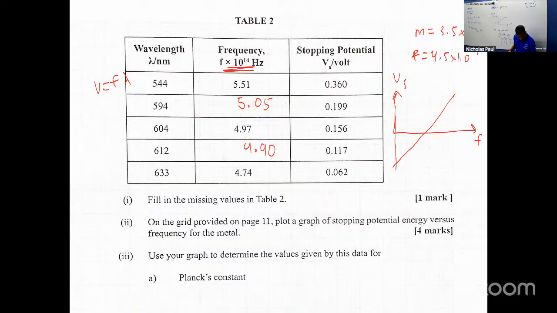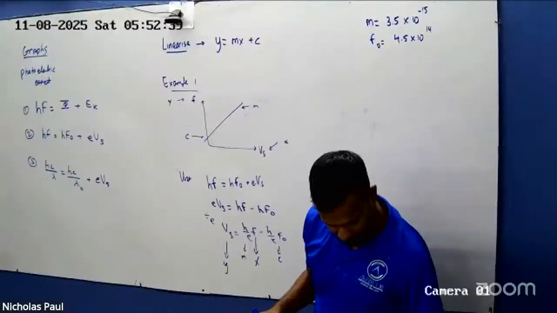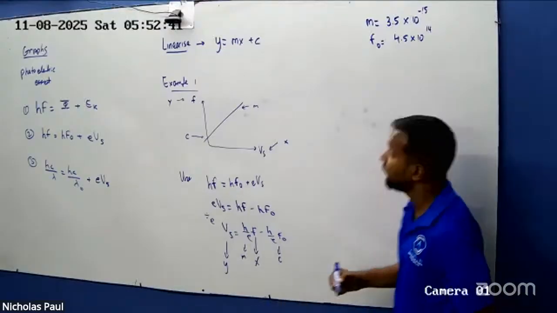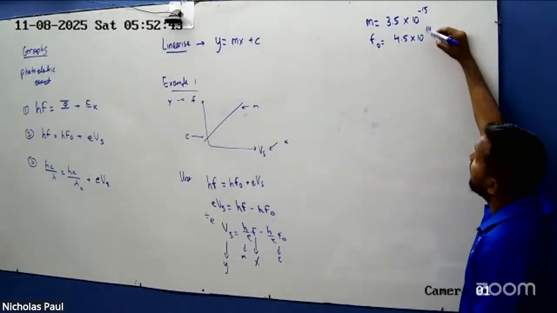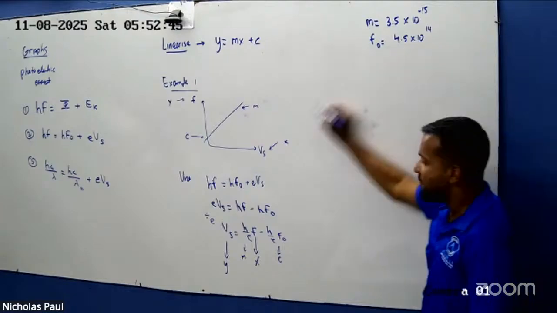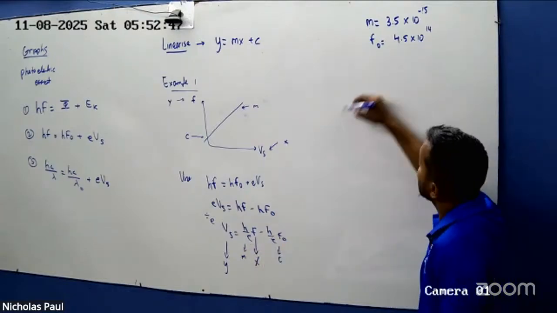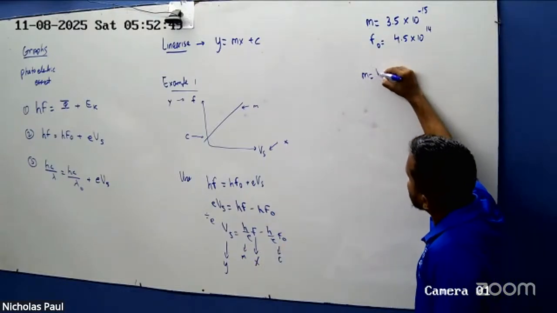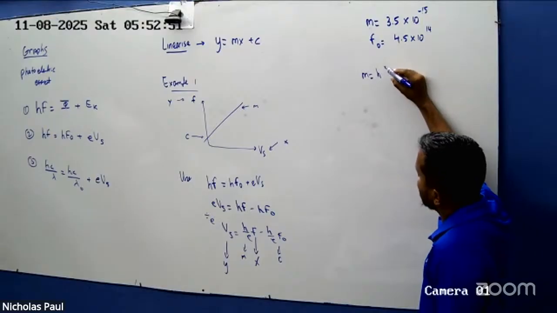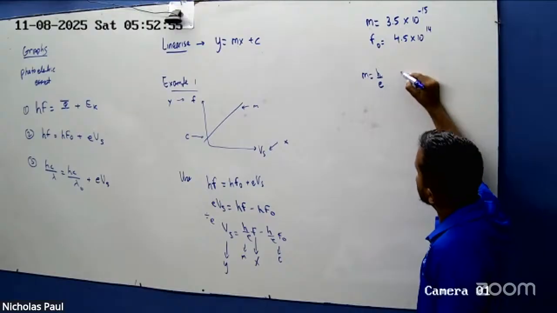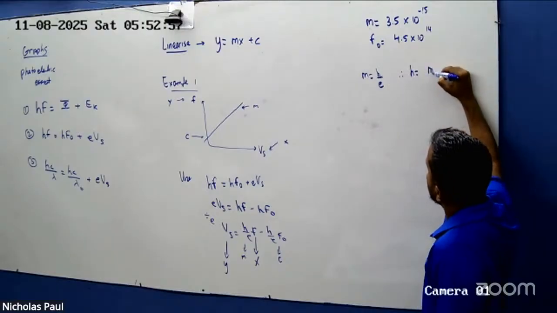All right, so by now you should reach here. After you have this, if you come back here and check your gradient, your gradient is equal to h on e. So it means that h is the gradient multiplied by e.